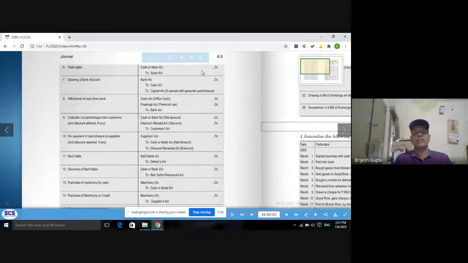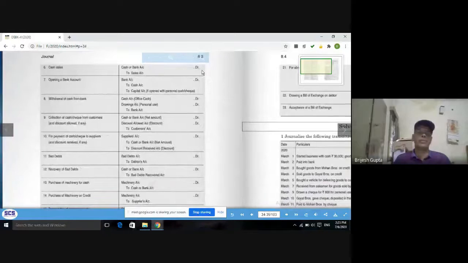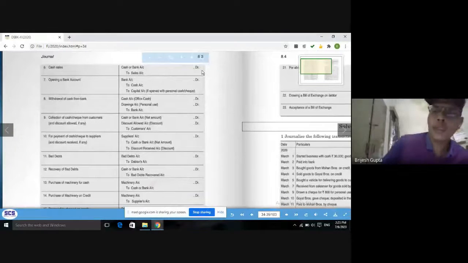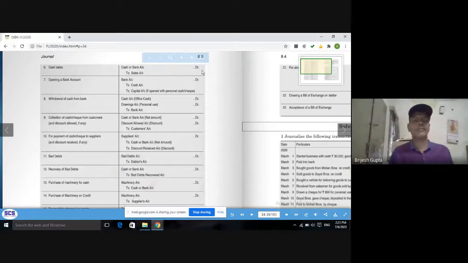Right? First you write the entry for purchase of goods. You note it. Purchase of goods. Okay. In purchase of goods, write first cash purchase of goods.